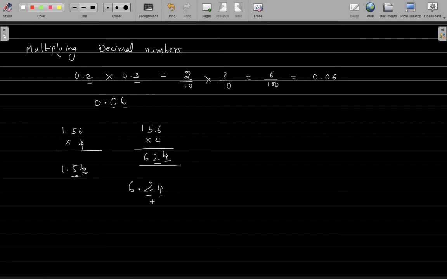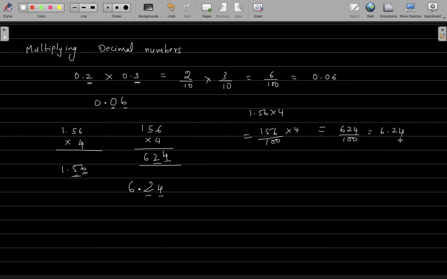You understand? Why are we doing this? Because when I convert 1.56 into a fraction, it becomes 156 upon 100, isn't it? 1.56 times 4 is 156 by 100 times 4. Now what is 156 times 4? It is 624. So your answer is 624 upon 100, which is 6.24.